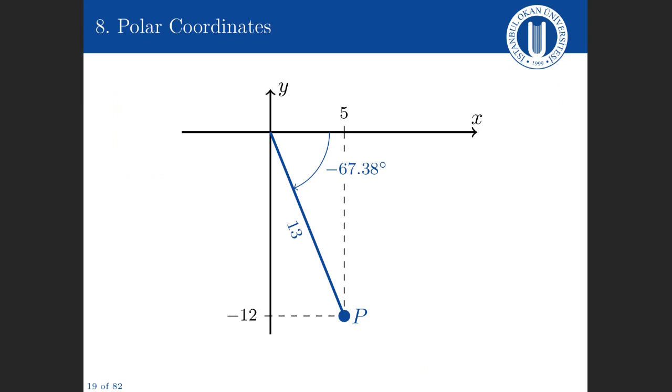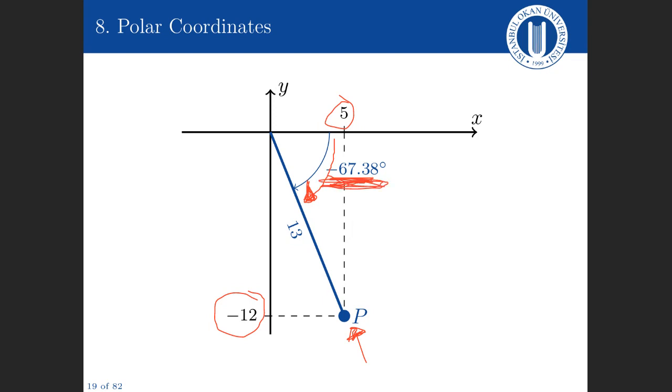We know that x is 5, and we know that y is -12, so the point P must be here. And we can understand that if r is 13, then the angle must be a negative number and must be roughly this size. -67 looks about right on the picture.